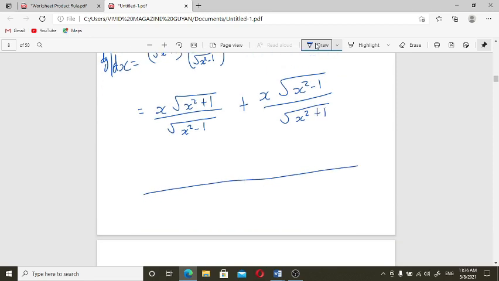Because I don't know how much I'll be writing now. Alright, so next step, the root of x squared minus 1 and also the root of x squared plus 1.